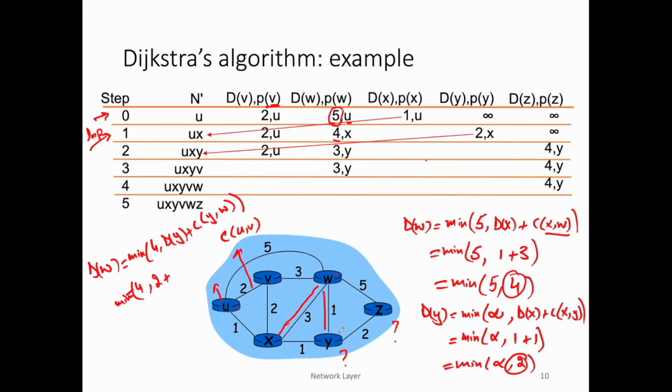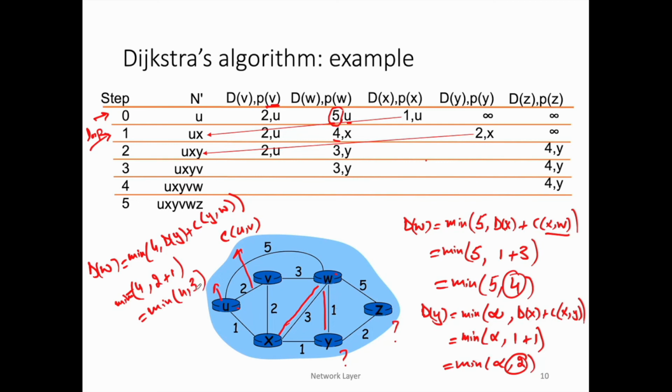1. Why? Because how do we know this cost? How does y have this information? Because w is the adjacent node of y, meaning w is the direct neighbor of y. So the cost is 1. So this means we'll select either the minimum of 4 or 3.